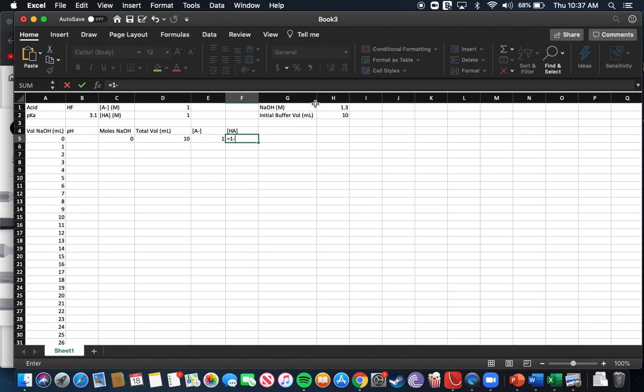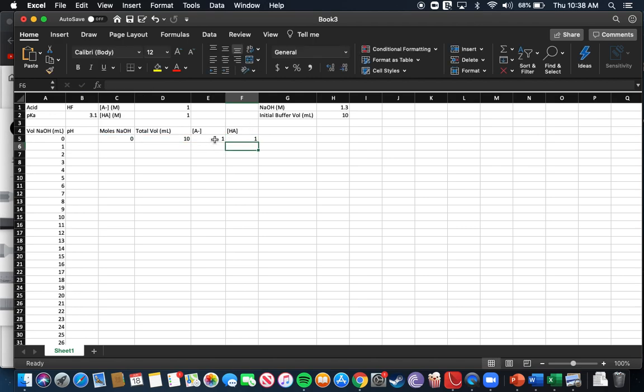So it's 1 minus the number of moles of NaOH we added, divided by our total volume, times 1,000.